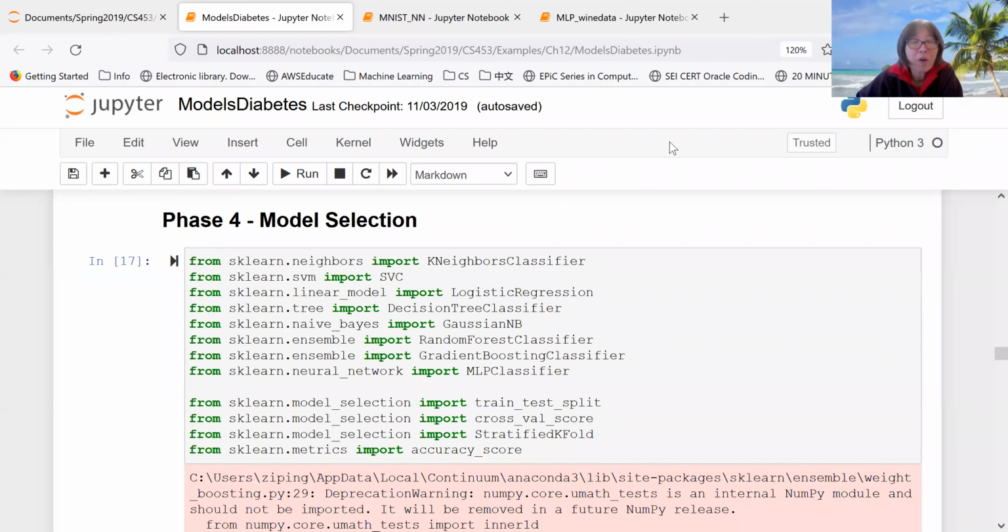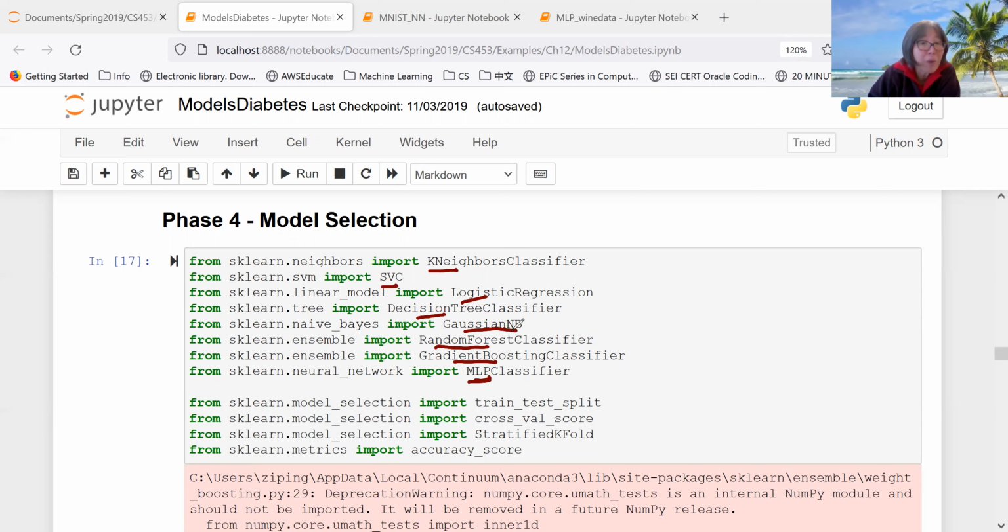In this example, what it's going to show us is that we will have multiple models, not just a single one. We have KNN, nearest neighbor, support vector machine, logistic regression, decision tree, and Gaussian naive Bayes, which we haven't learned. Random forest we learned. Gradient boosting we haven't learned, and this MLP is for the neural network.